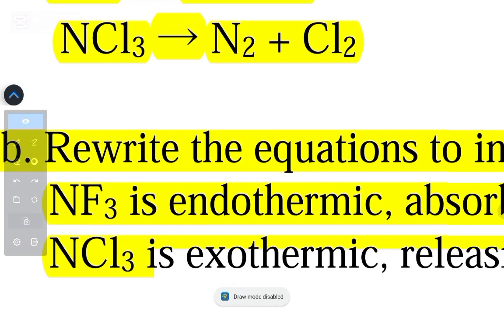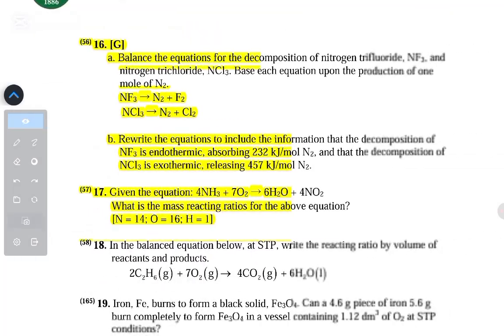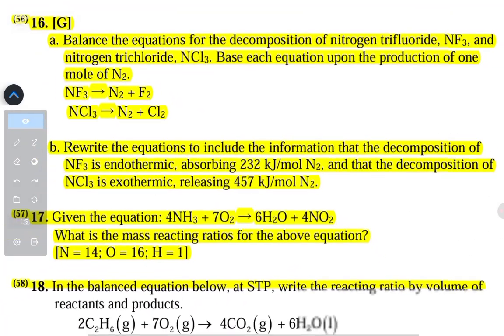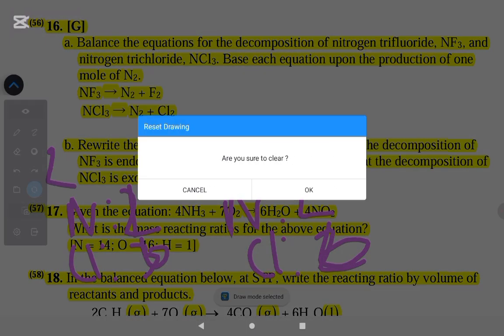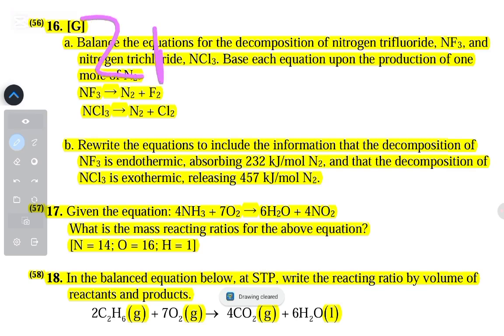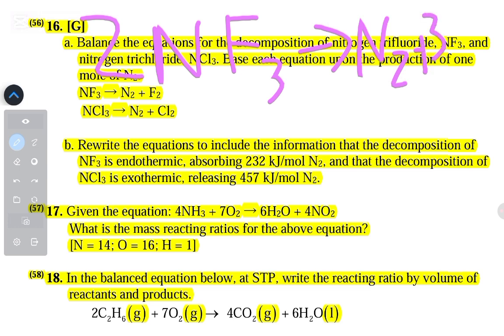Rewrite the equations to include the information that the decomposition of NF3 is endothermic. Endothermic absorbs, so the endothermic is going to be with the reactants, not the products. Exothermic is with the products. So I'm just going to rewrite everything over here. We have 2NF3 gives you N2 plus 3F2.